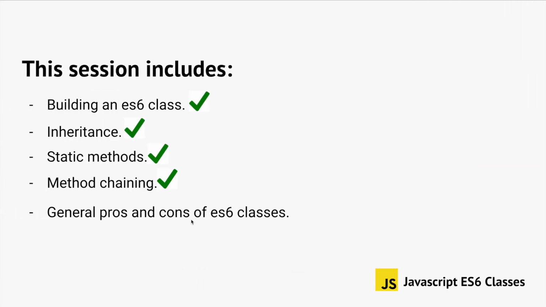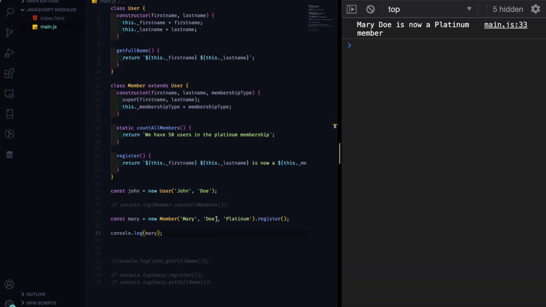We move to the next one, which is the general pros and cons of ES6 classes. I was going to talk about the older features that a class offers and the difference between the class that JavaScript offers and the standard classes that we were taught and we know.